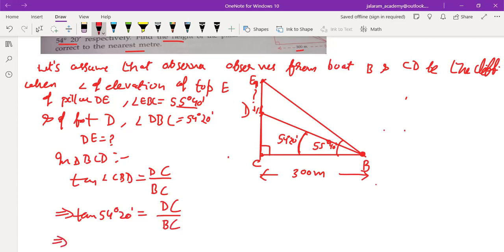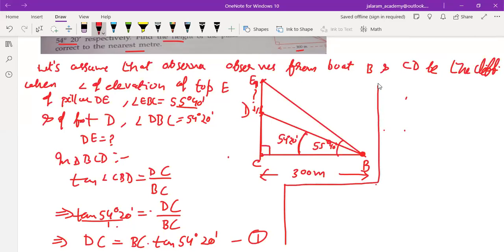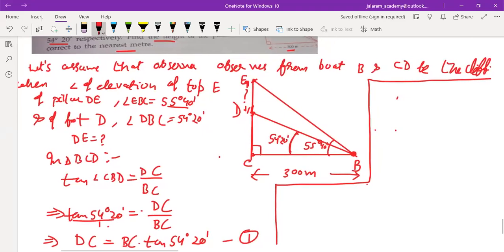It implies cross multiply it. So DC into 1 equals BC into tan 54 degree 20 minutes. Don't start searching the value of tan 54 degree 20 minutes. We will search all the values together at the end of the question, and we will finally give the answer.